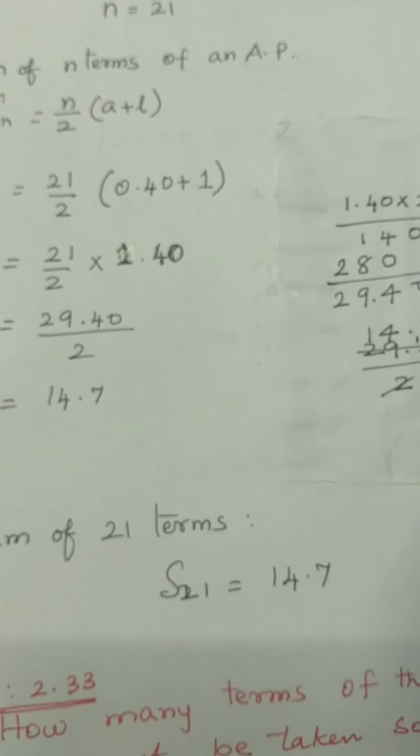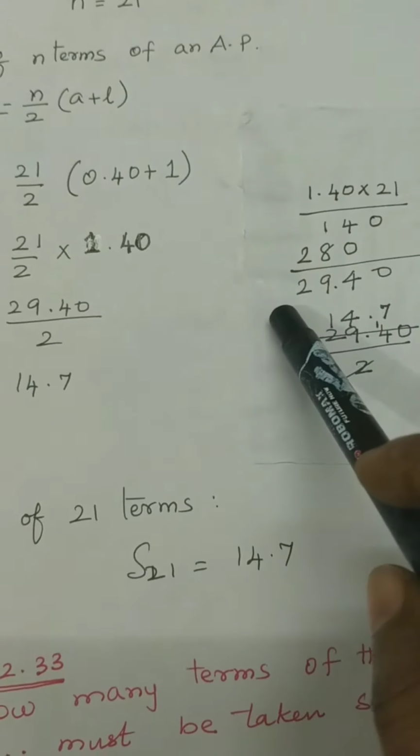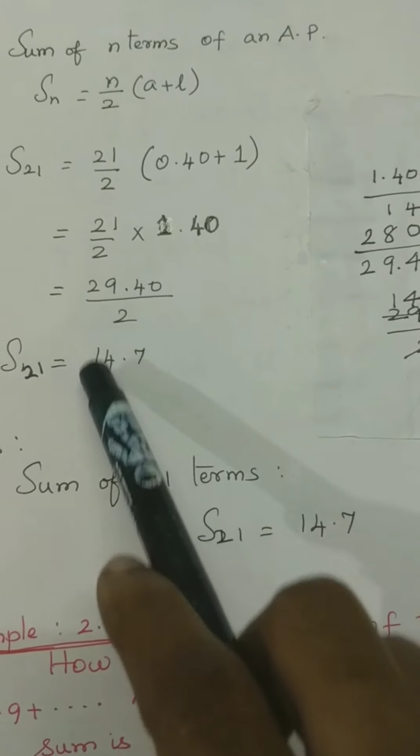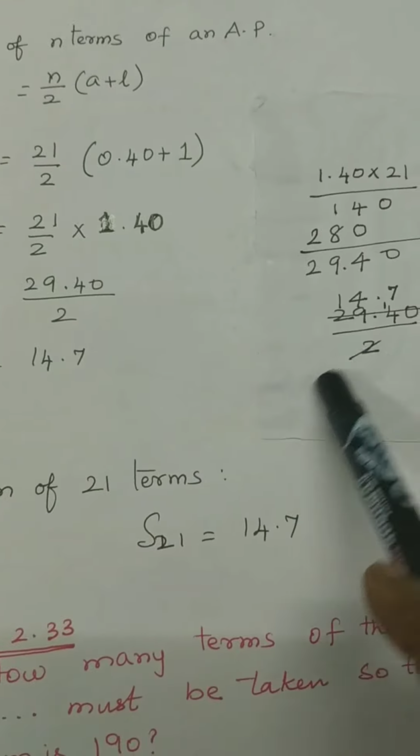Multiplying 1.40 into 21, after multiplying, 29.40 is coming. Then divided by 2, we cancel: 2 fours are 8, remainder 1, then 14, then 7 times. So S21 is equal to 14.7. The answer is the sum of 21 terms, that is S21 is equal to 14.7.